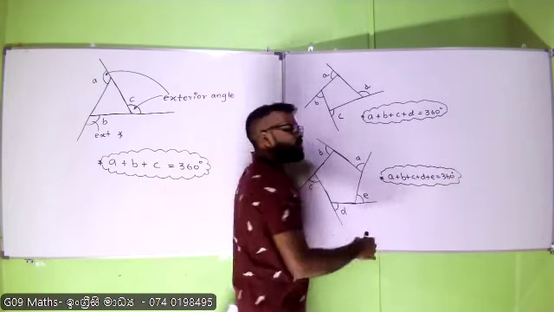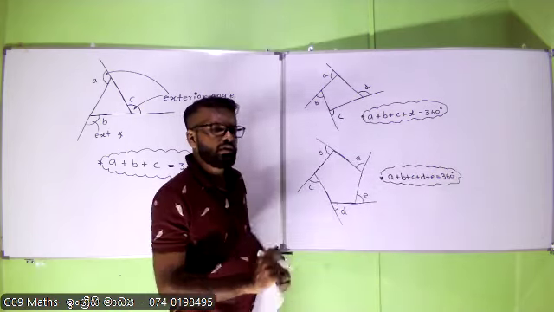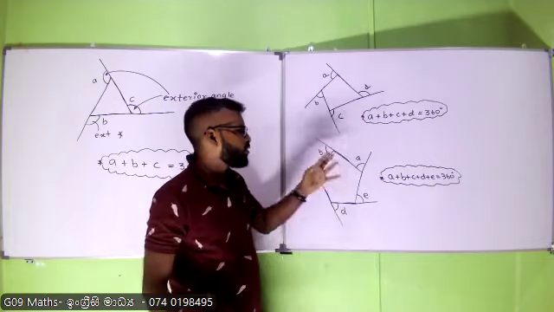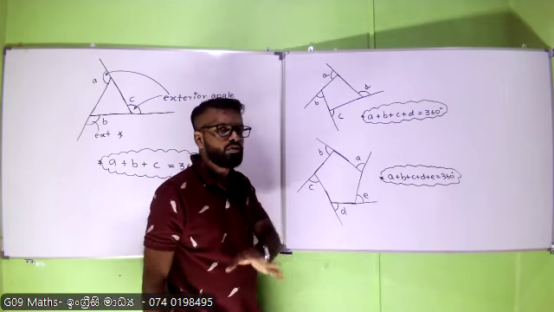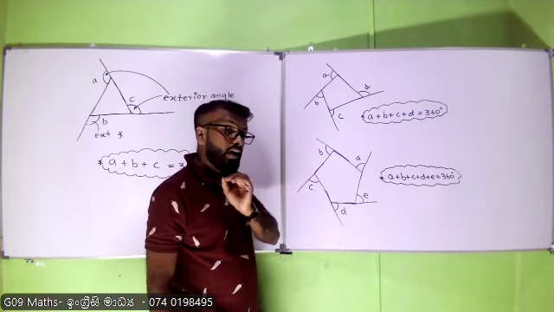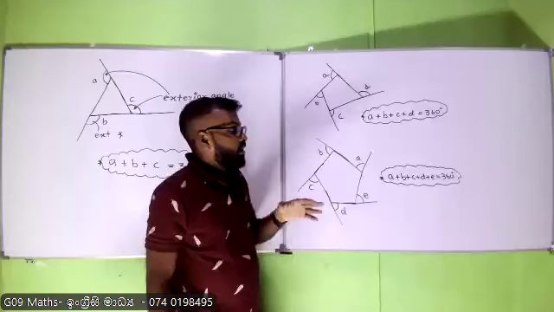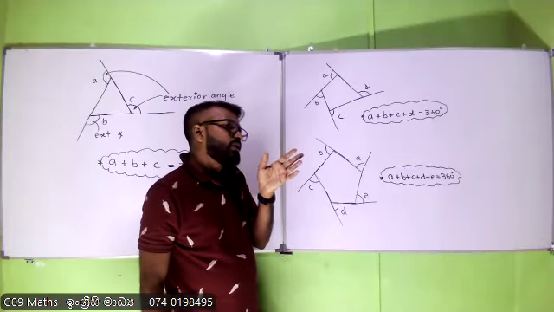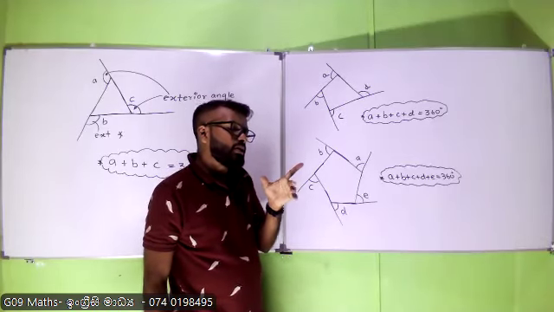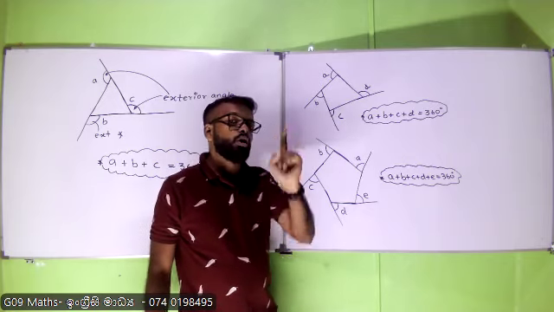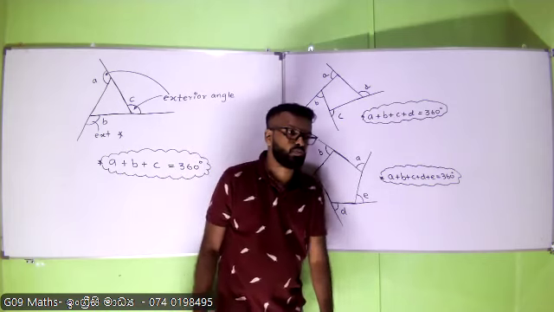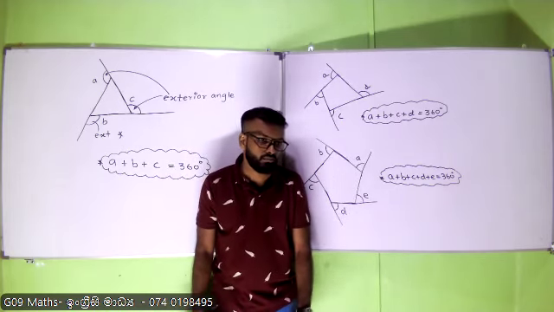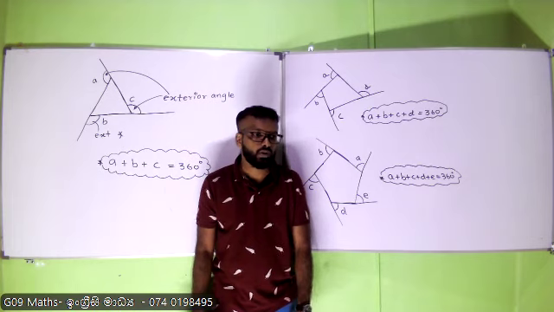From here onwards, I am not going to give you any hexagon, heptagon, octagon, nonagon, whatever. Because if I ask you what is the summation of the exterior angles of an octagon, what should it be equal to? 360 degrees.